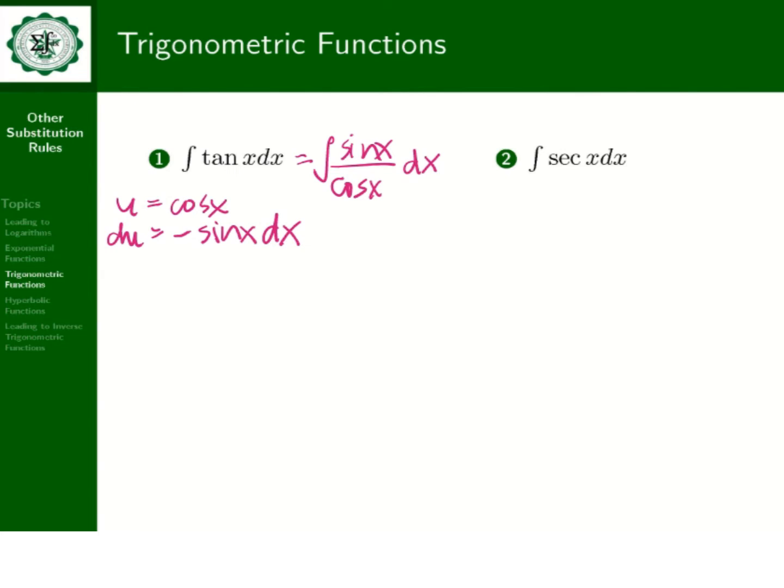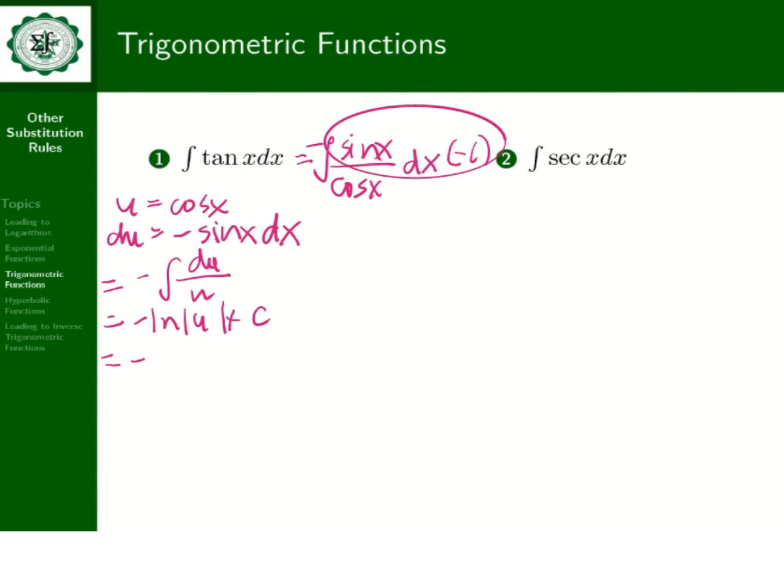Now we multiply our given with negative 1, and then correct that by putting negative 1 outside, so that our given becomes negative integral of, so negative sine x dx will become du, and then cosine x will become u.